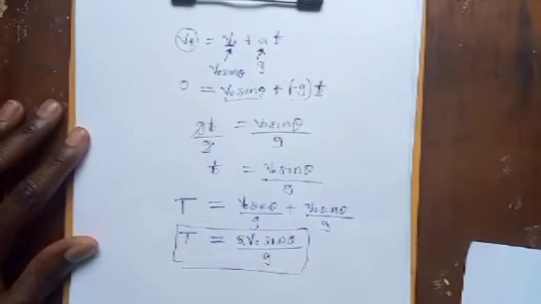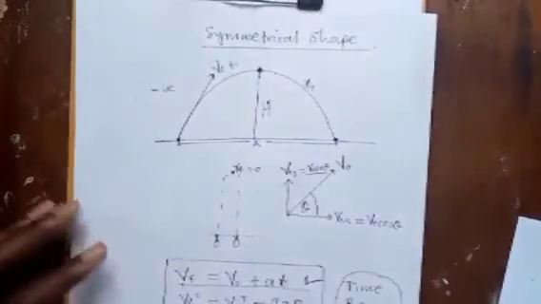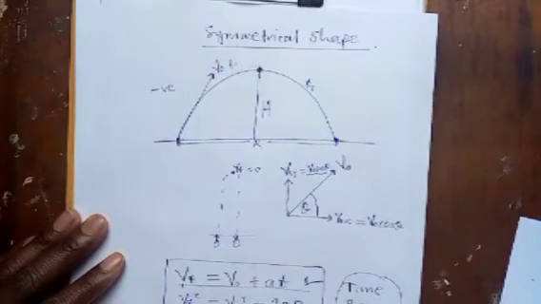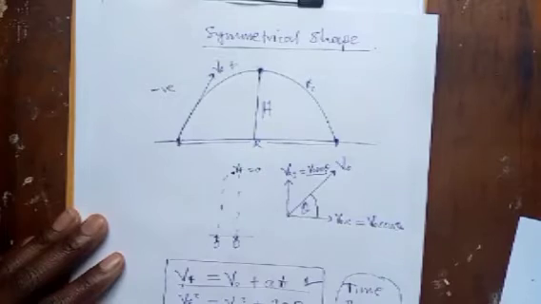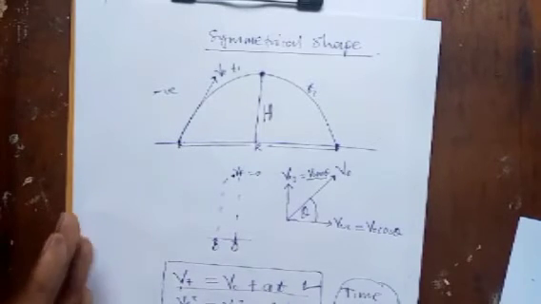Okay, now what about the issue of range? If you want to go to range, which is the distance from here up to somewhere there, what are you supposed to do? If you take this one to be a range, what you're going to understand is this. This object, initially, is moving upwards.